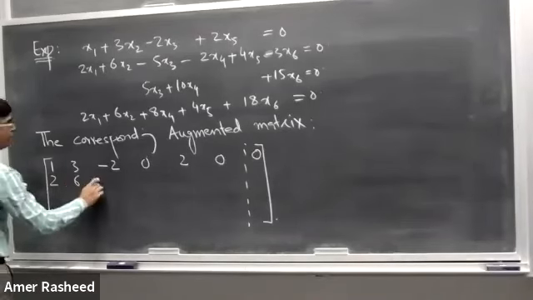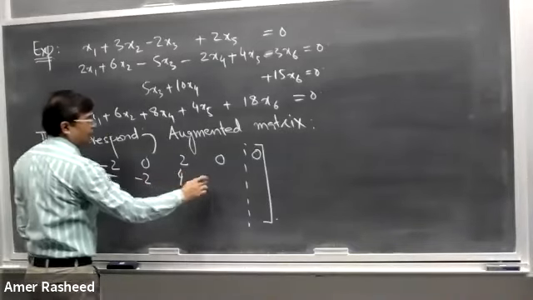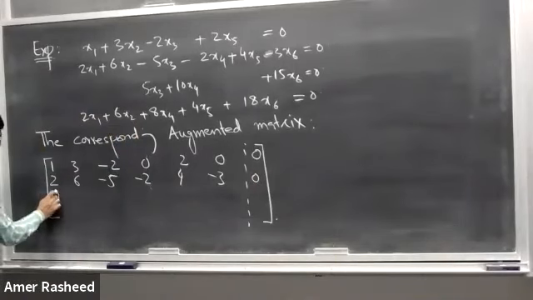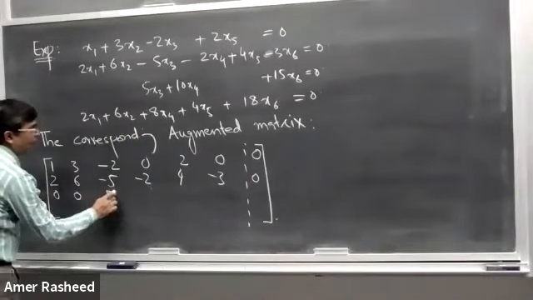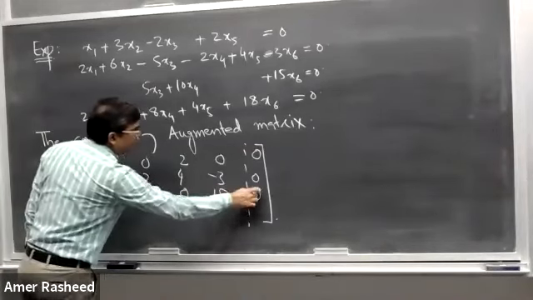Now the next equation is 2, 6, minus 5, negative 2, 4, negative 3, and 0. Next is 0, 0, 5, 10, again 0, 15, and 0.